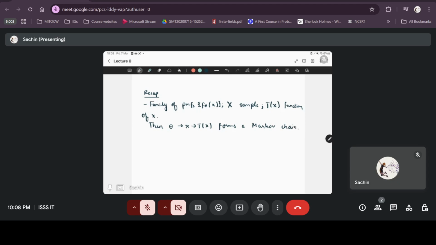So given x, T of x is independent of theta, or theta and T of x are conditionally independent given x.